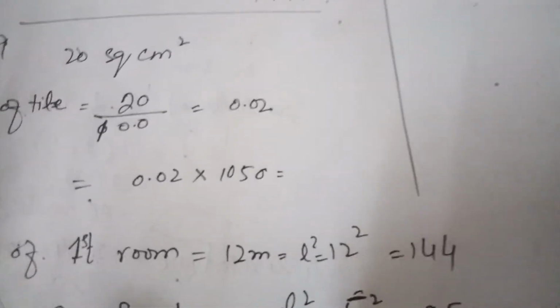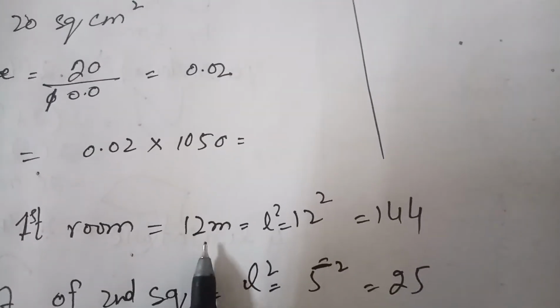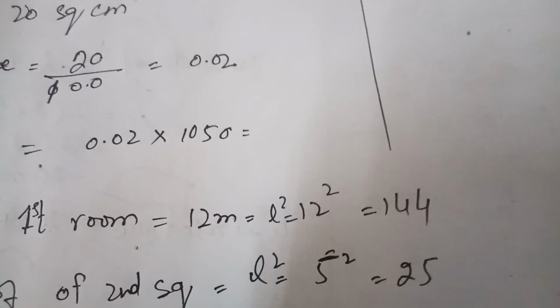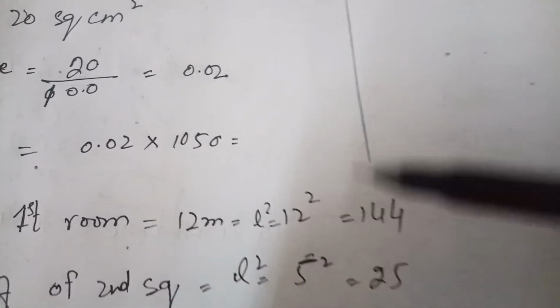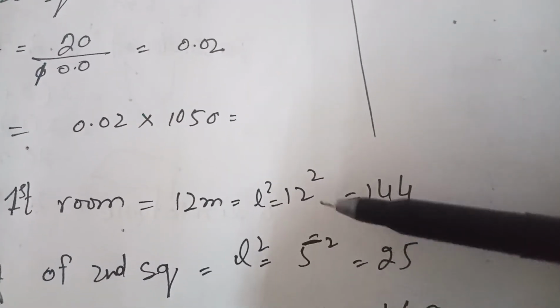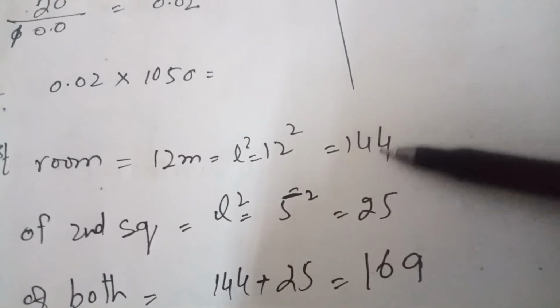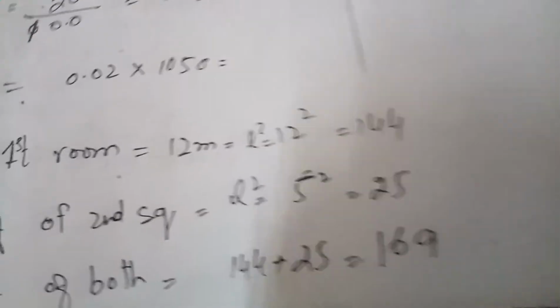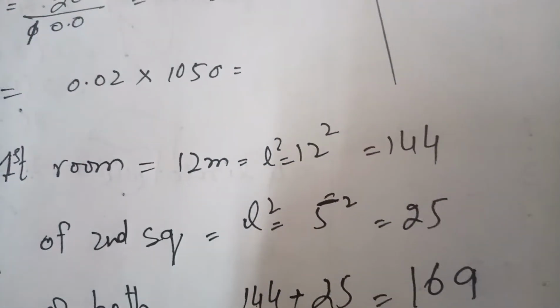In this question, two squares are given. First of all, you have to find the area of both squares, that is 12 square and 5 square, 144 and 25 respectively. Now we have to combine both squares.